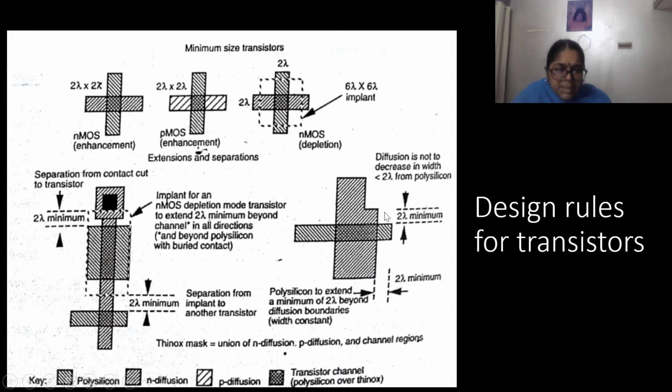The minimum distance from the poly to this N diffusion is 2 lambda, and similarly the polysilicon should extend out of the N diffusion by a minimum of 2 lambda, so that a transistor is formed. If the polysilicon stops at this particular point, it does not indicate that a transistor is formed. It has to cross the diffusion layer and extend by a minimum value of 2 lambda.